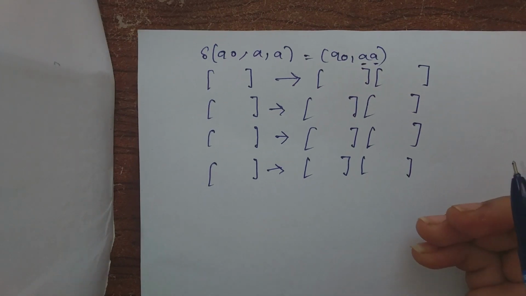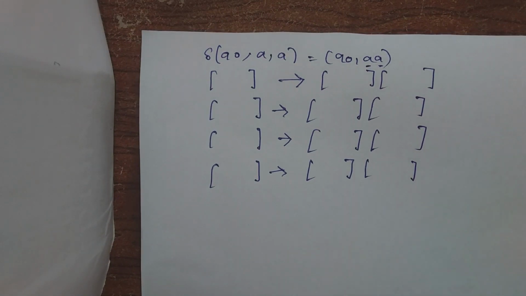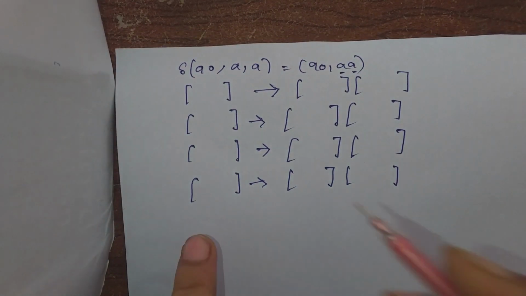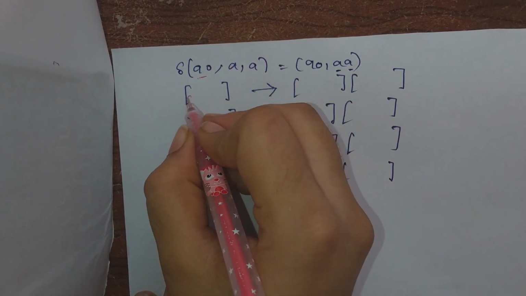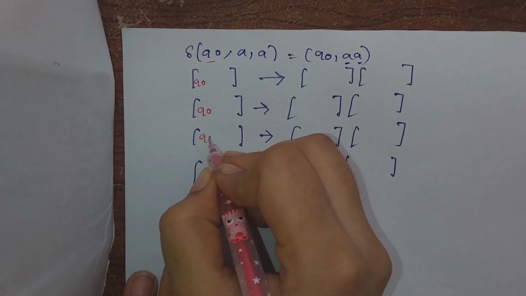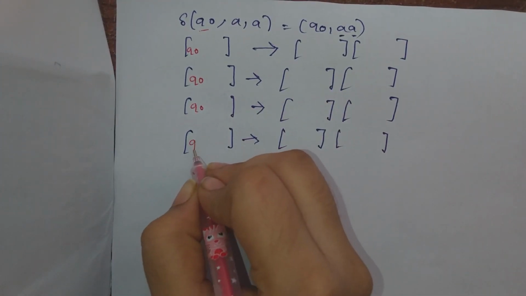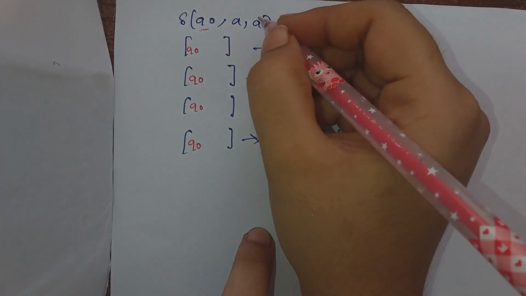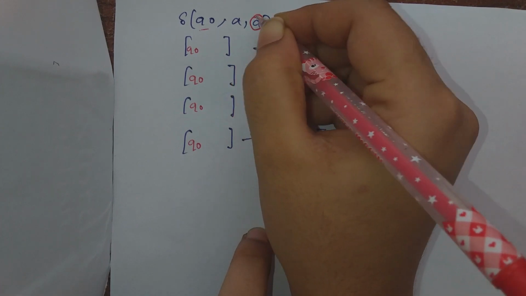First we have Q naught. So we need to consider the Q naught for all the 4 steps. So Q naught. Now we have A at the end. So the A comes in between here.